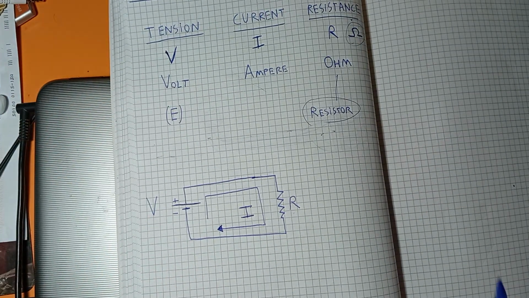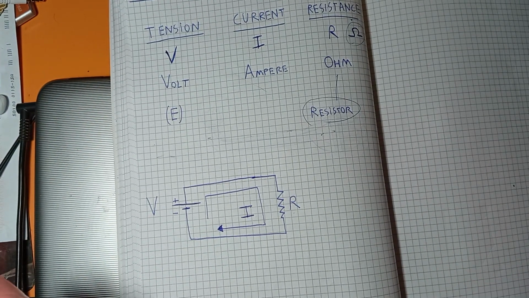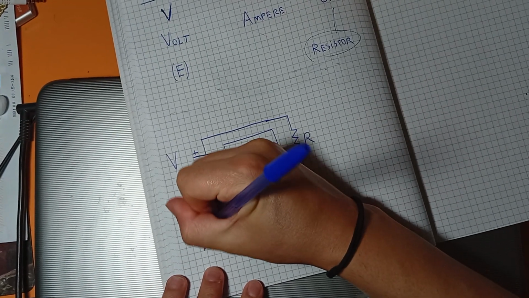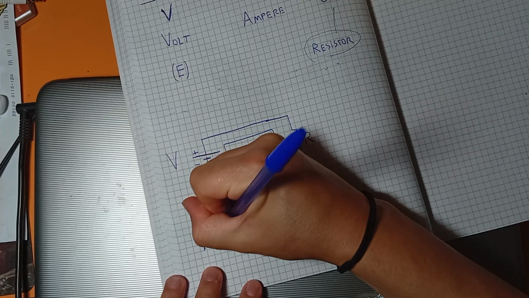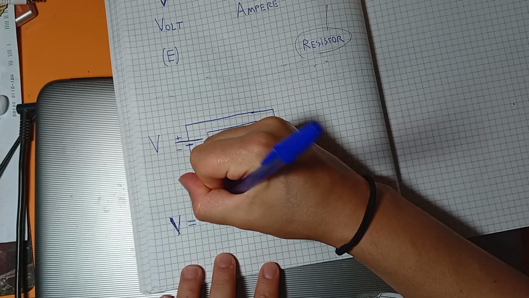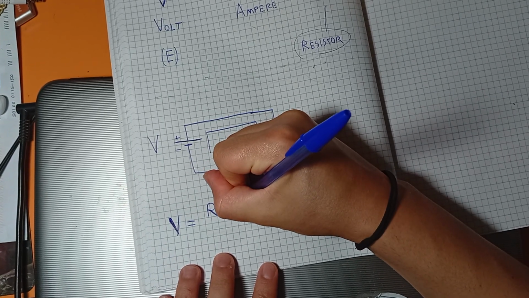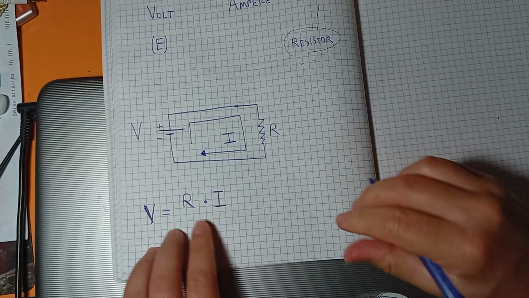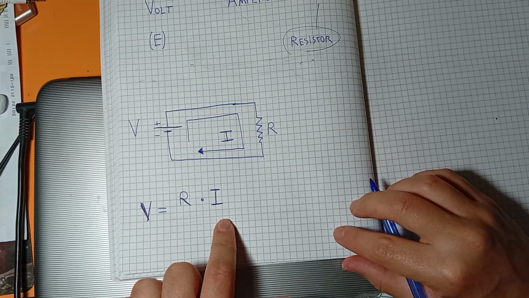We could write the first Ohm law in 3 different ways. This one: tension is equal to the resistor multiplied by the current. Okay.